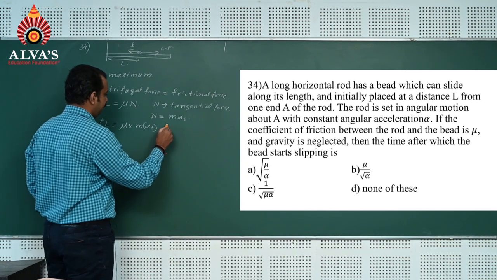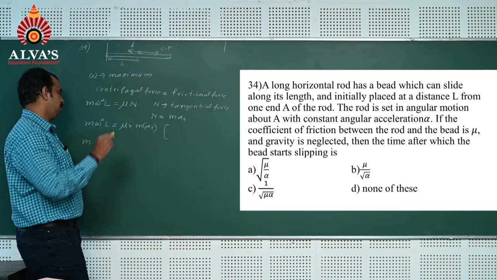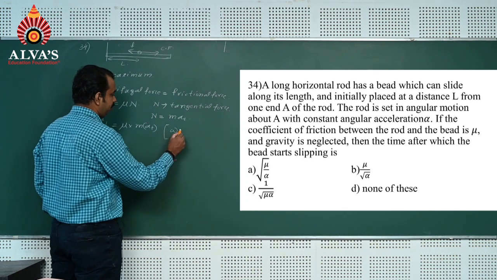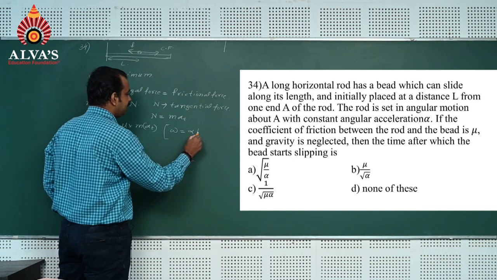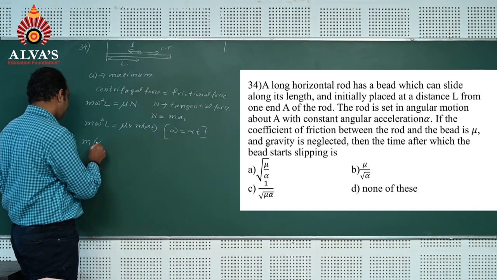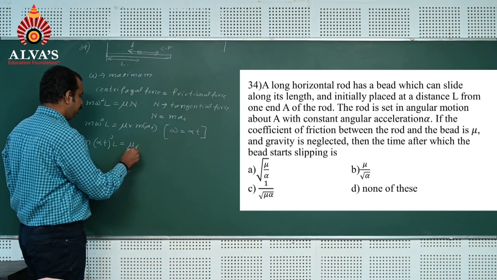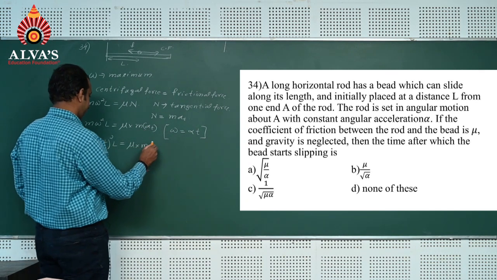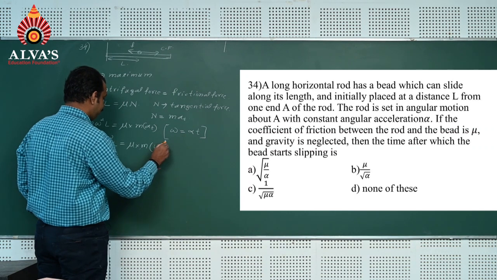Omega value: you know that initially it was at rest, and finally it attained angular velocity omega. Angular velocity omega is due to angular acceleration, so omega can be written as alpha into t. That means m into (alpha t) whole square into L is equal to mu into m into at, where at is r alpha, and r is L into alpha.